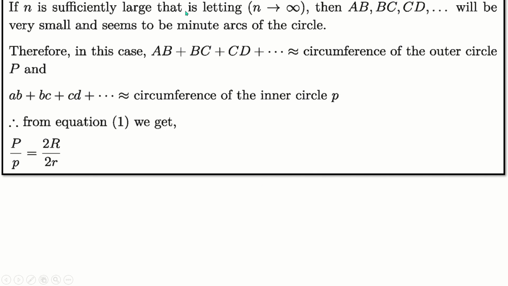If n is sufficiently large, that is, letting n tend to infinity, then AB, BC, CD will be very small and seem to be minute arcs of the circle. That means this is the circumference of the outer circle, capital P, and this is the circumference of the inner circle, small p. Therefore from 1 we get capital P over small p equals 2R over 2 into small r.